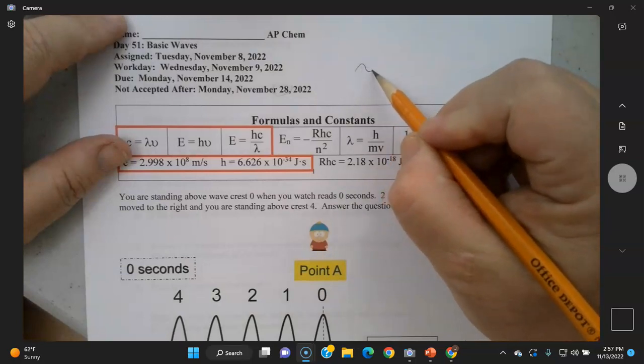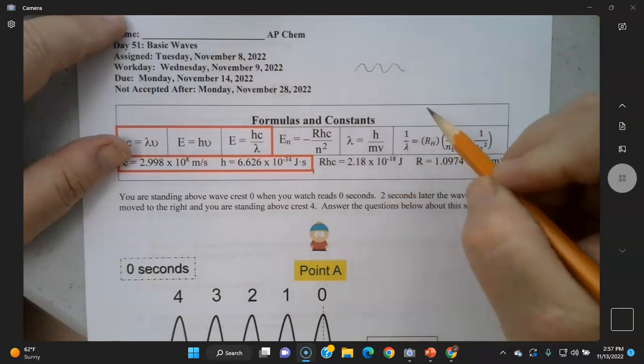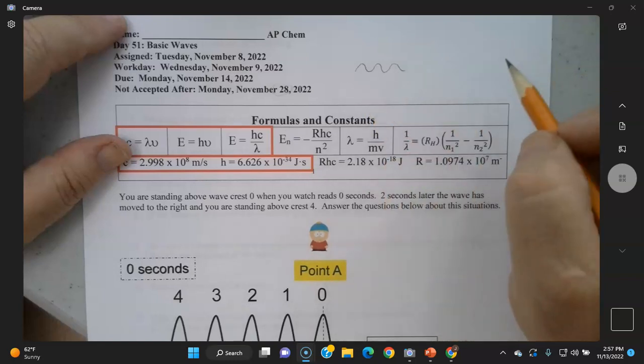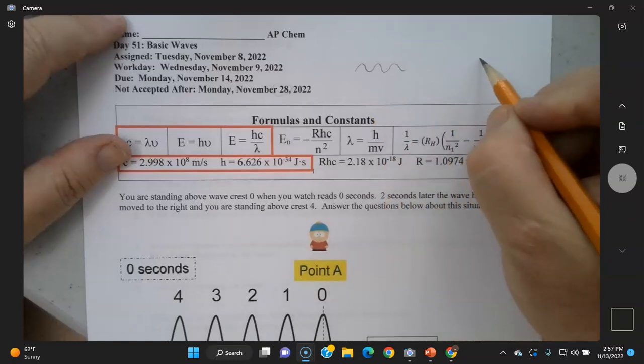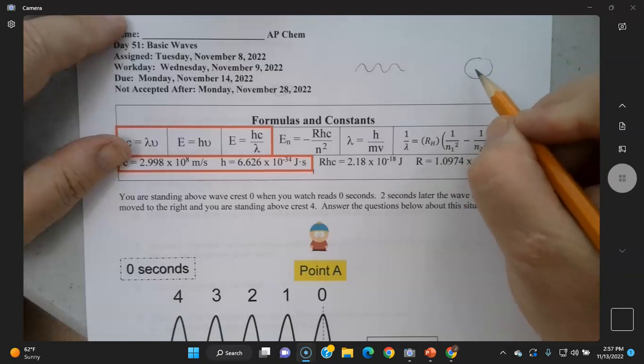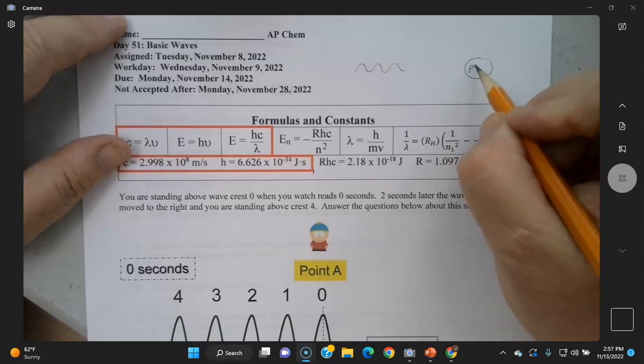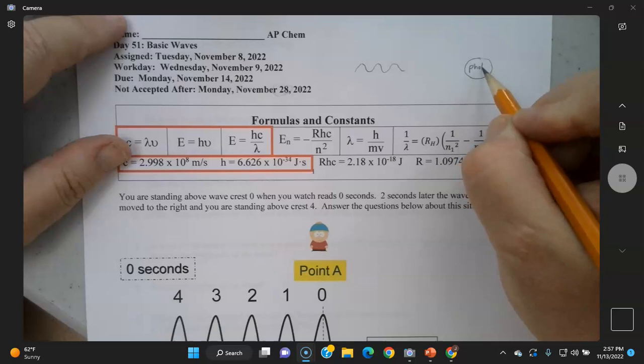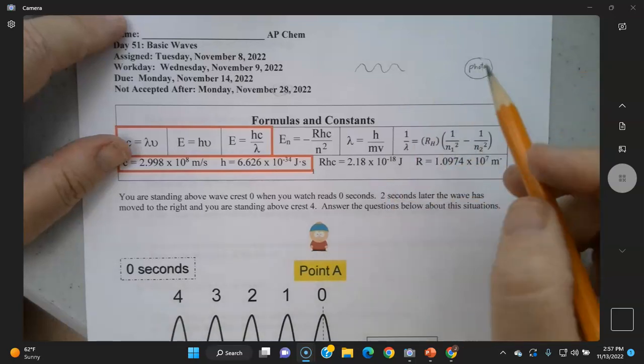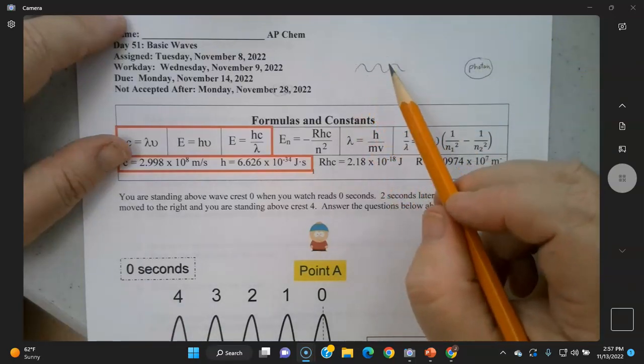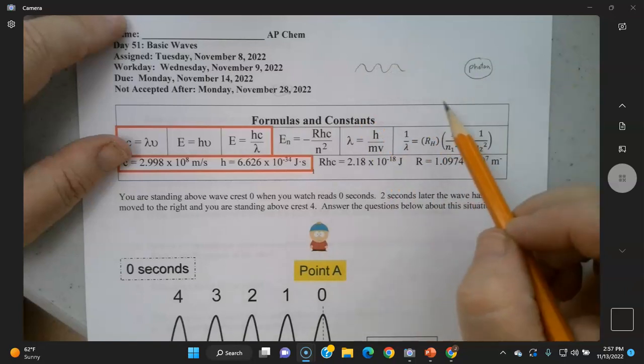One is as a wave, which is this up and down roller coaster type of continuous motion. The other is as a particle, and that's called a quanta, or if it's in light, it's called a photon. It's like a little ball of energy.